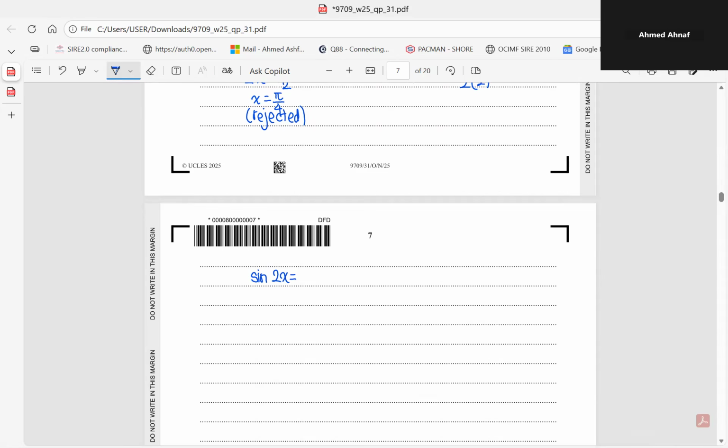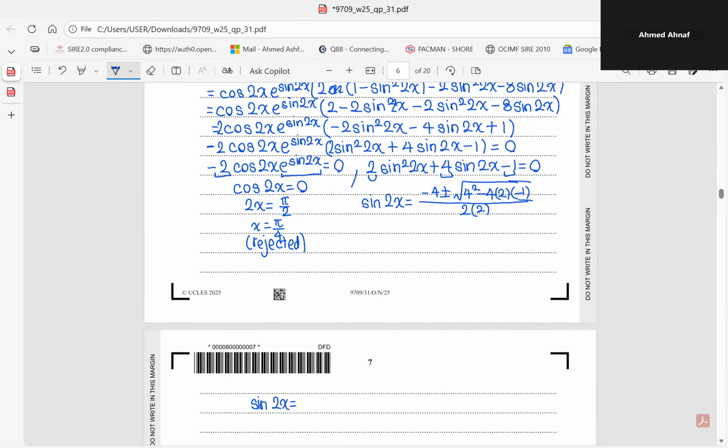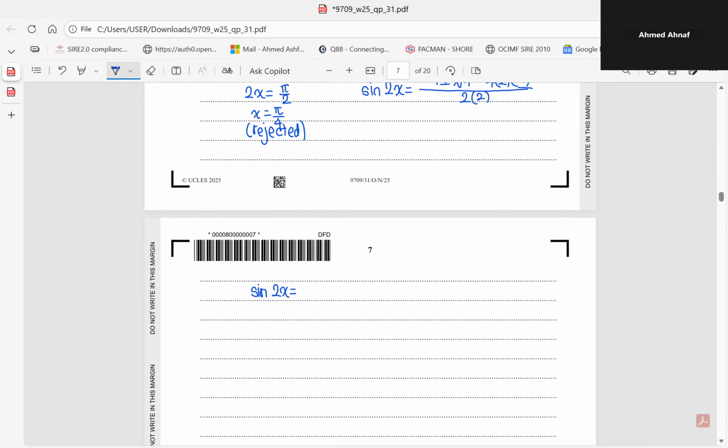Just put it into a calculator. The first answer you get is minus 2 plus square root 6 over 2, and this is positive. The second answer is the conjugate, minus 2 minus square root 6 over 2, and this is negative.